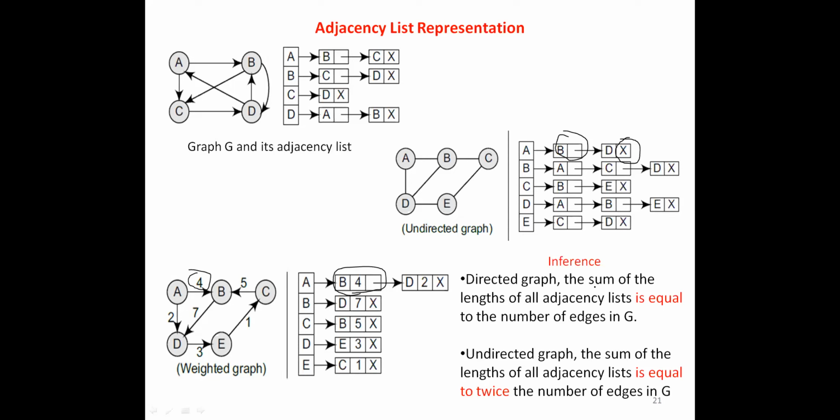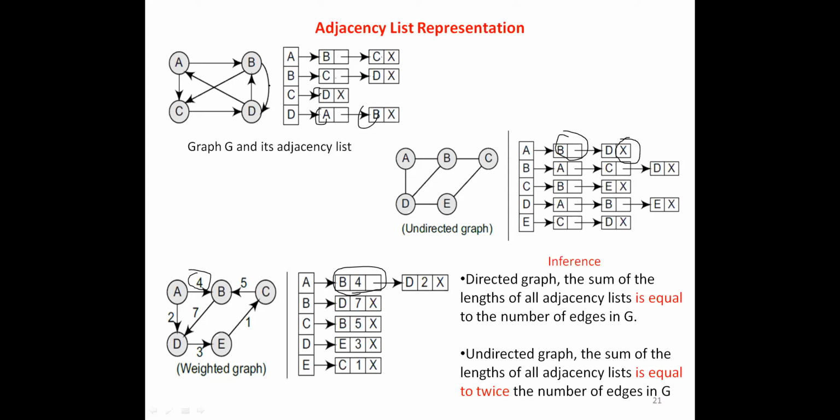So what is the inference from this representation? In a directed graph, the sum of the lengths of all adjacency lists is equal to the number of edges. So how many connections are there? 1, 2, 3, 4, 5, 6, 7.